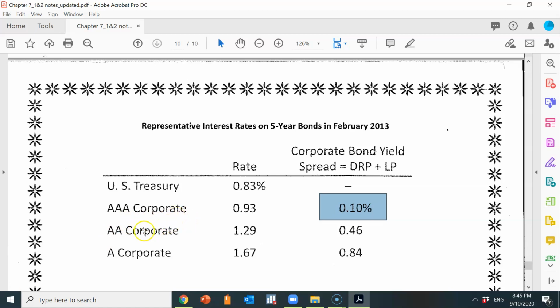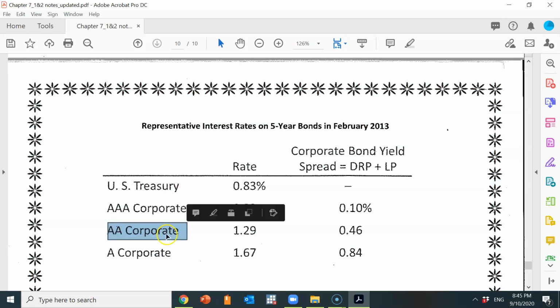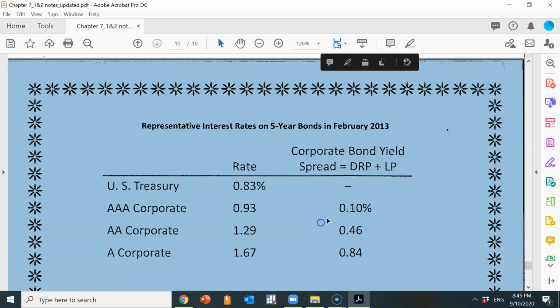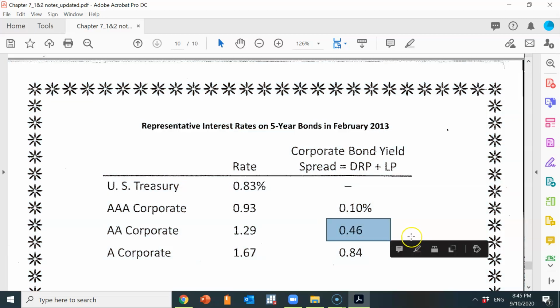When the bond rating goes down, from AAA to AA, this firm is riskier than AAA. So the rate of return is also higher because the DRP plus LP, the corporate bond yield spread, is higher.